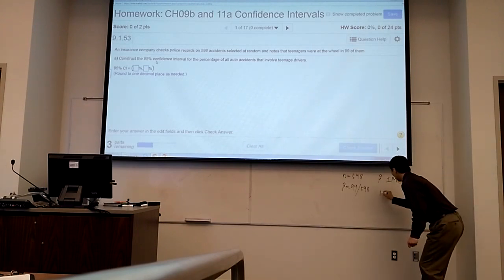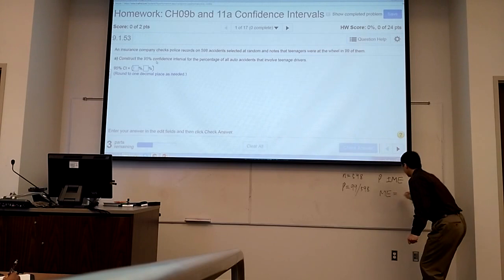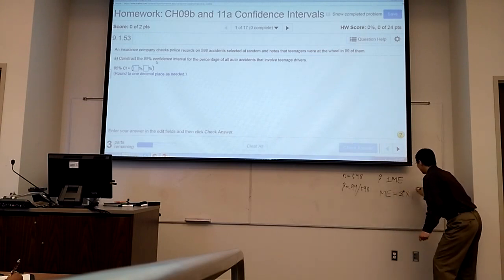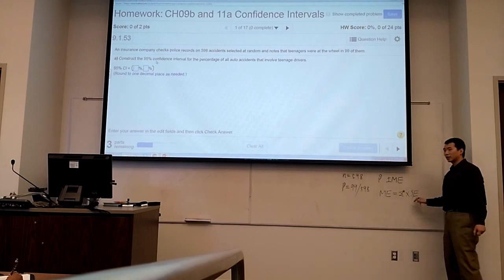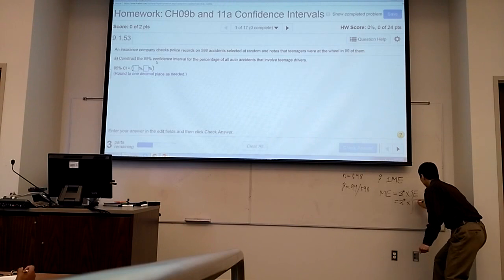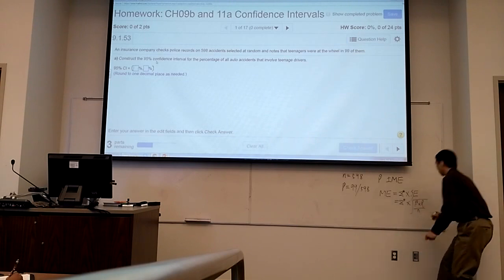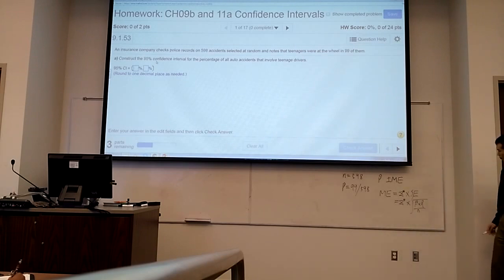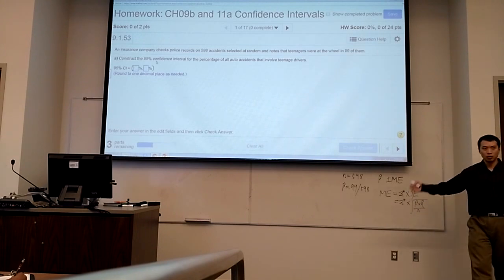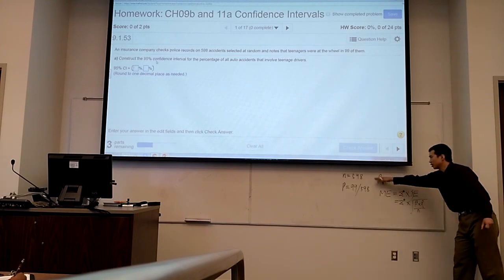We know that the margin of error is equal to the critical value times the standard error, and this standard error is the square root of p hat times q hat over n. Those are the numbers we have to know or calculate in order to construct this confidence interval.